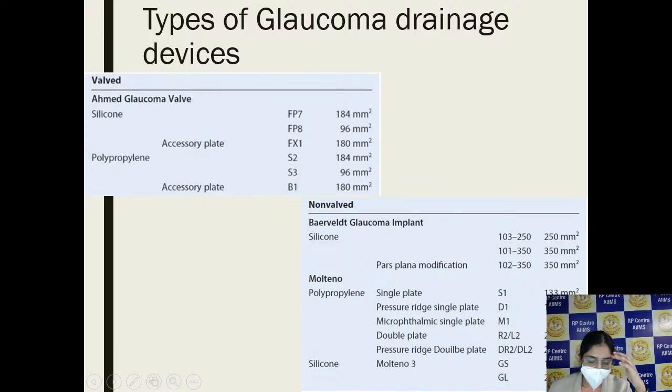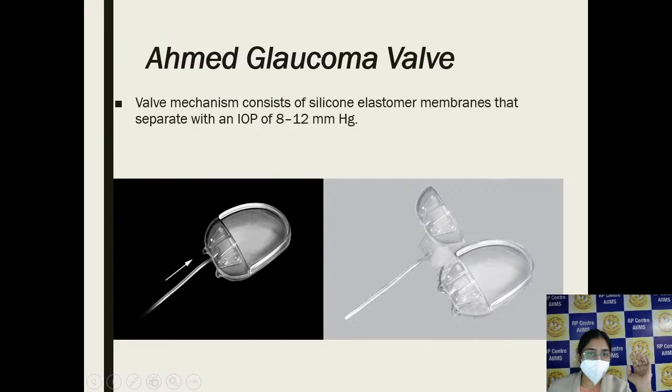These are the Baerveldt and the Molteno. Baerveldt is mostly silicone, and Molteno is polypropylene. Now, the Ahmed glaucoma valve mechanism consists of a silicone elastomer membrane that separates at an IOP of 8 to 12.